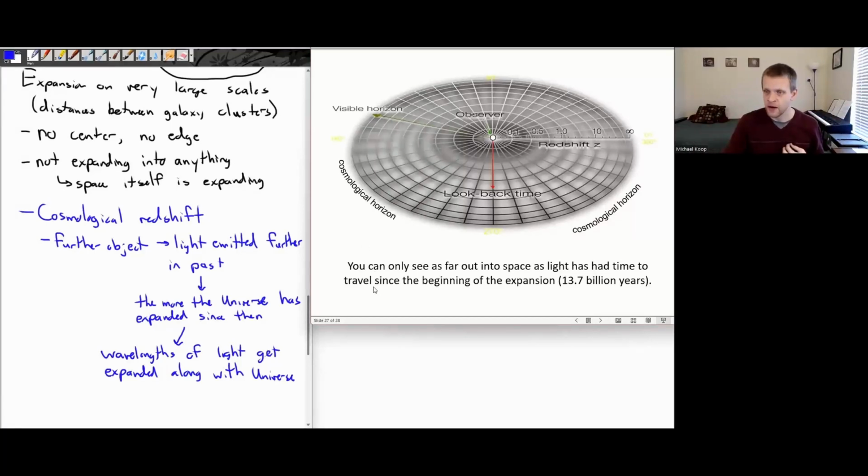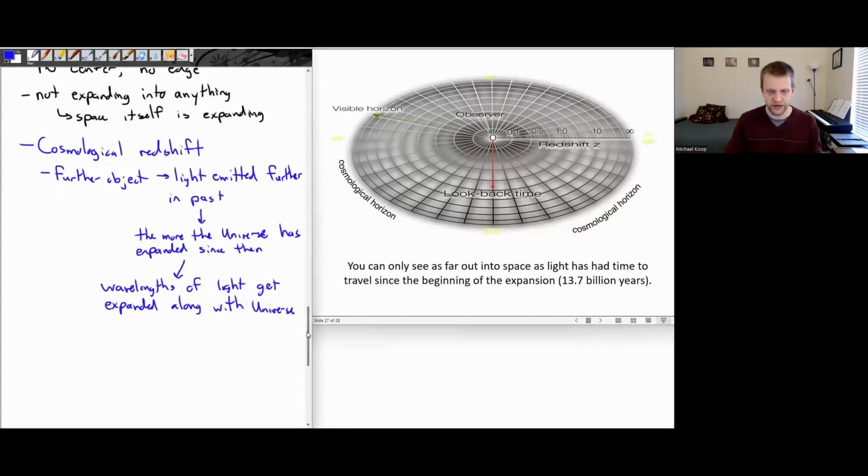see today. Well, if the universe has only been around for a certain amount of time, then even if space is infinite in size, if something is far enough away, maybe light hasn't even had enough time to actually reach us.